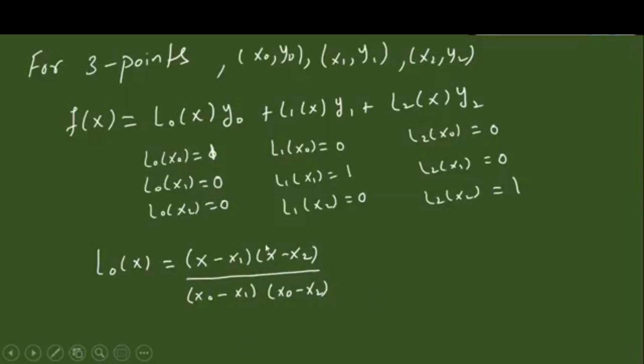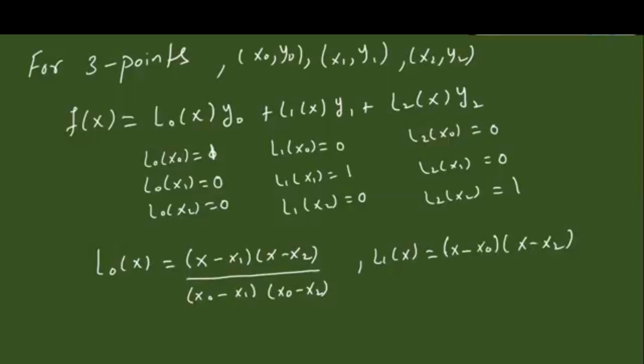So based on that, you can also define L1. The idea, if you remember, is that L1 is associated with x1, so x1 will not appear in the numerator. What nodes are left apart from it? The nodes left are x0 and x2. So you have to define it like that, x minus x0, x minus x2. Why these two?